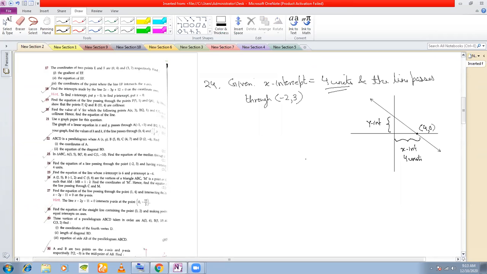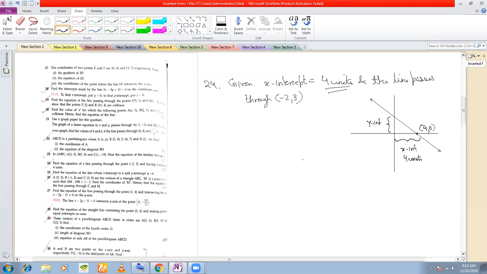Repeatedly in the last class I told you that if you have an x-intercept equal to something, then the line will always pass through the value of that abscissa, 0. Suppose the x-intercept here is 4. So it will pass through 4, 0. Suppose the x-intercept is minus 3, then it will pass through minus 3, 0.